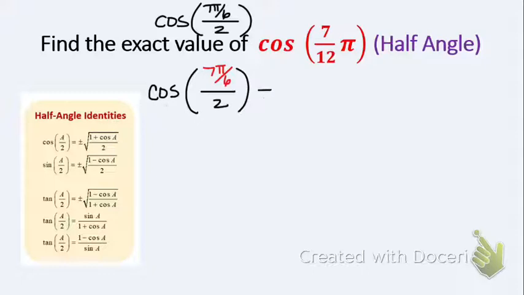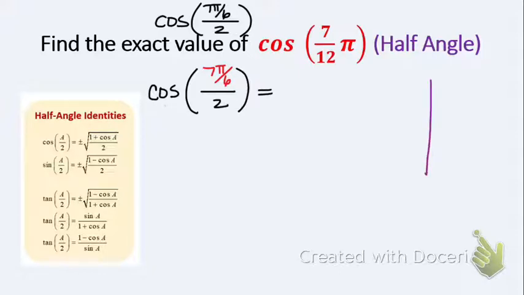So now we're doing the cosine half angle. So look for cosine half angle. Let me pause for a second. What quadrant do you think 7 pi over 12 is going to fall in? So let's talk about that before we get into our identity.